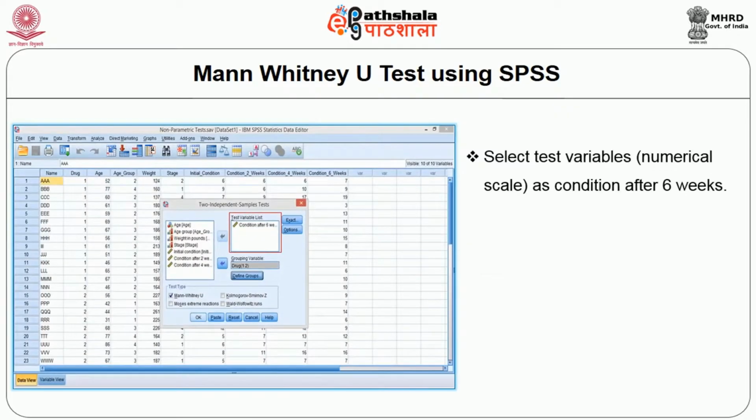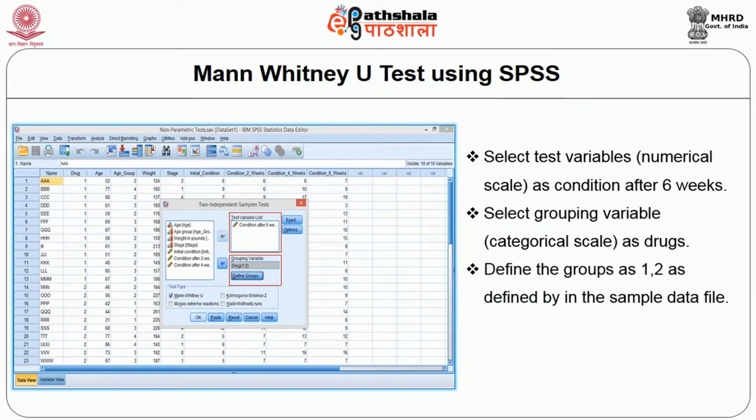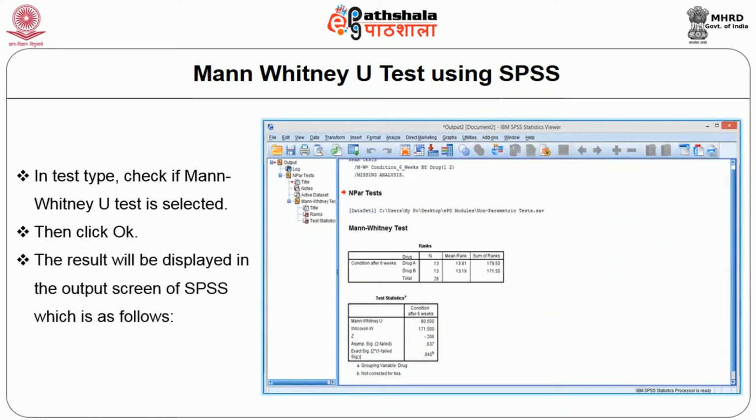Select the test variable as condition after 6 weeks and select the grouping variable as drugs, and when prompted define the groups as 1 and 2 because we have defined drug A as 1 and drug B as 2. In the test type, check if Mann-Whitney U test is selected. Then click OK. The results will be displayed in the output screen of SPSS, which is as follows.